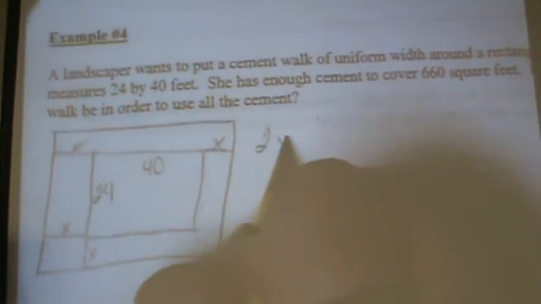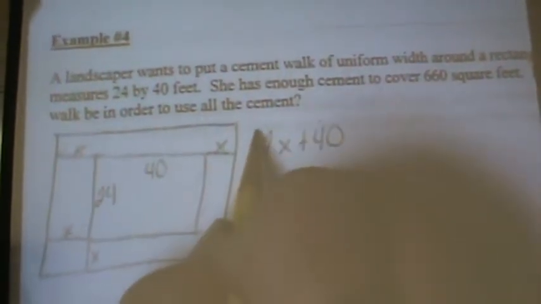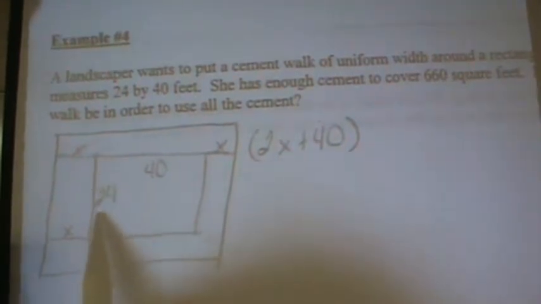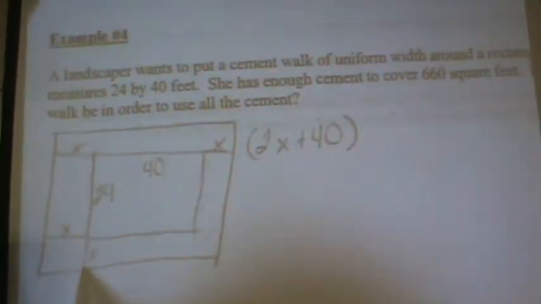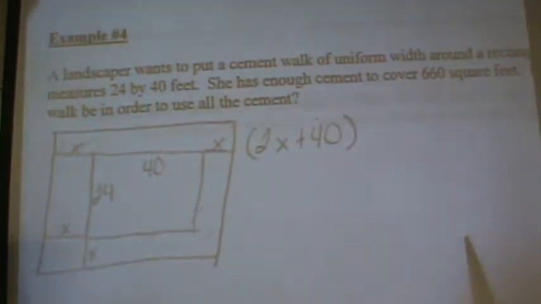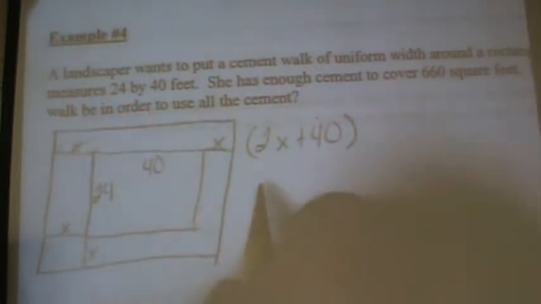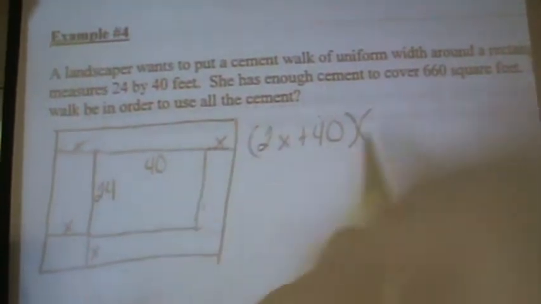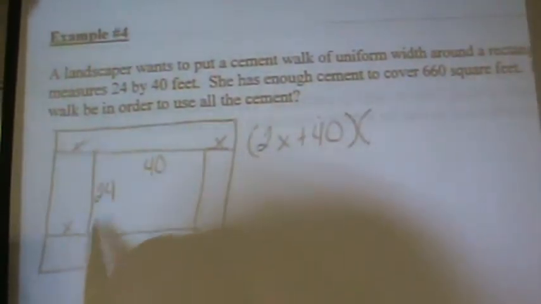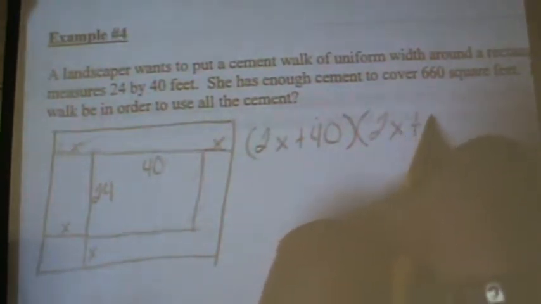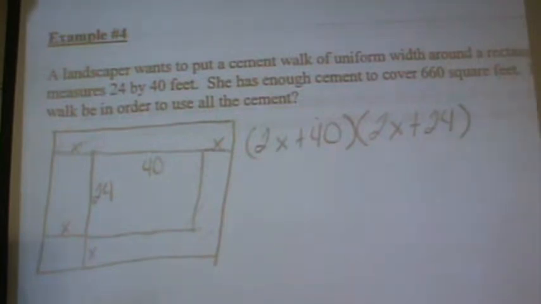Yep, so you've got 2x plus 40. And then you've got 24, and you know that this is X, and this is X. So how long is that side? 2x plus 24. Yep. And you guys know that to find the area of a rectangle it's length times width. So we've got the 2x plus 40 times the 2x plus 24.